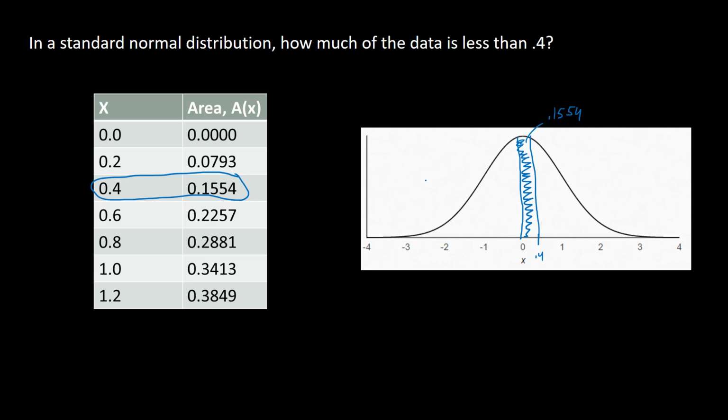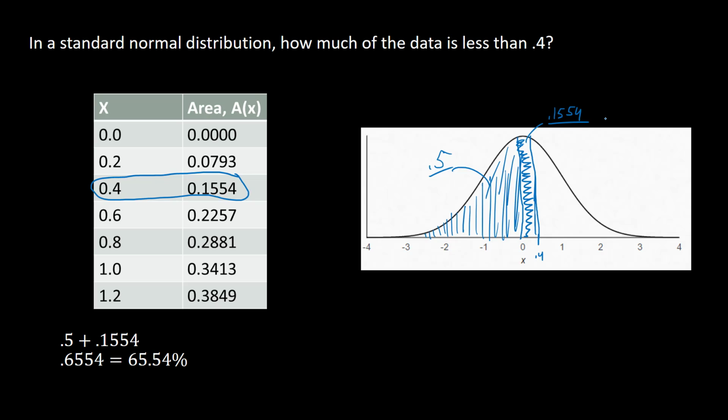But the question is, how much of the data is less than 0.4? So this is part of it, but we also have all of this over here to account for. All of this area needs to be added in as well. Well, this area over here is half of the entire area. So half of the area means we have 0.5 over here. So if I take 0.5 plus the 0.1554, I'm going to get an area of 0.6554, or 65.54%.